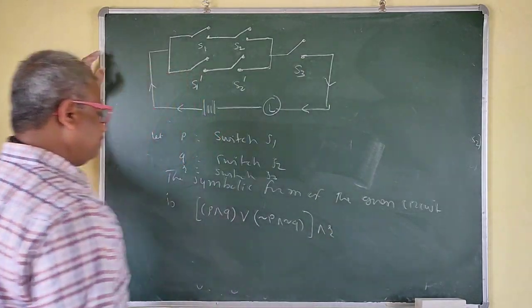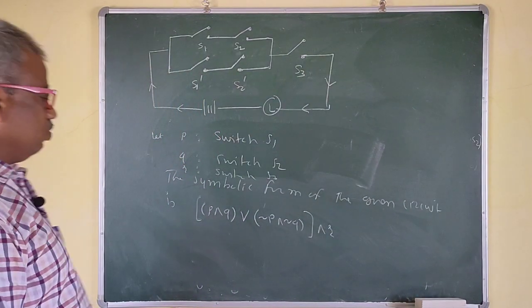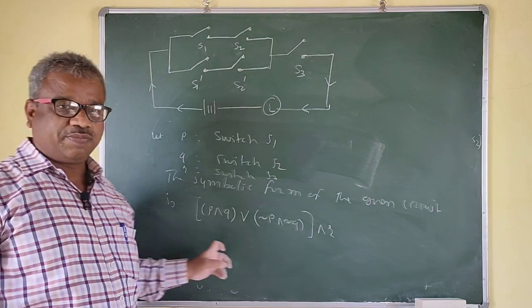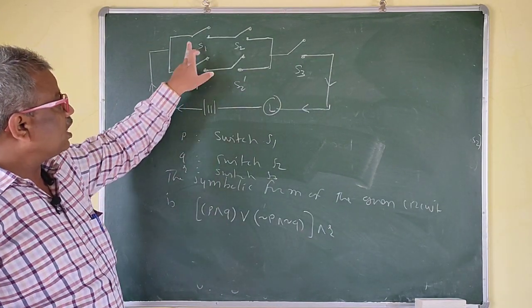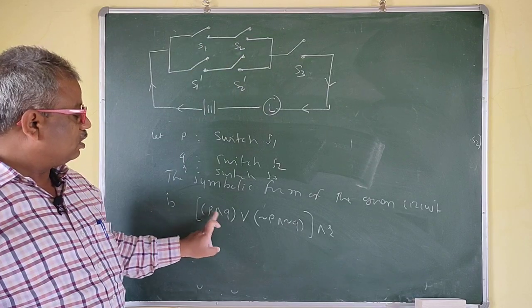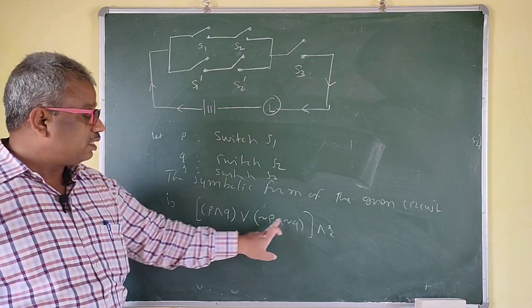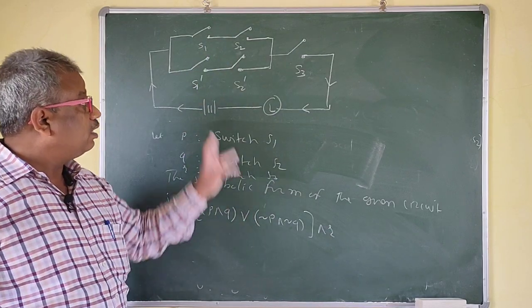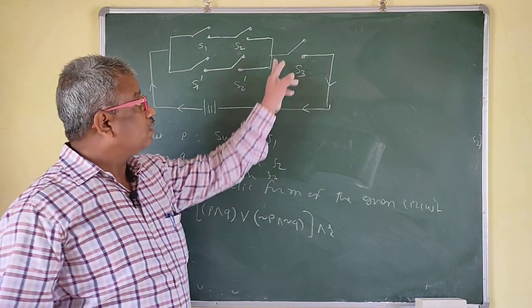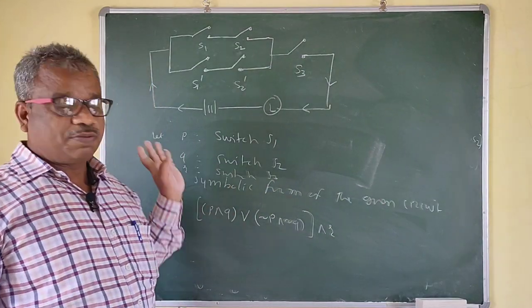So this will be your symbolic representation of the circuit. Let us check once again. These two are series, yes. These two are series, yes. And these two are parallel, yes. And all this is in series with these two. That means we are correct.